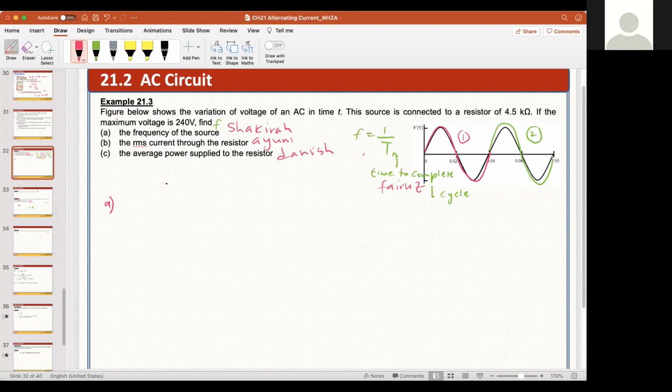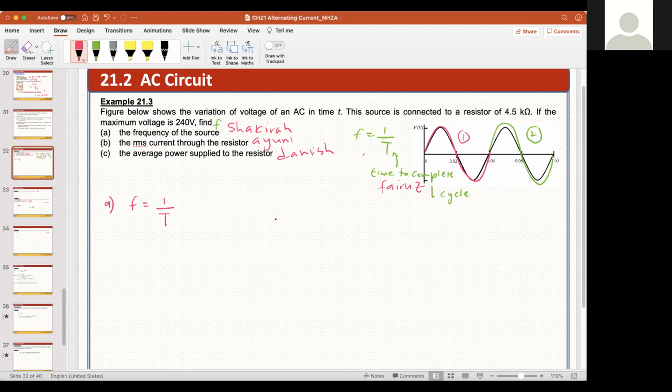Dia nak frekuensi. Jadi formula dia F sama dengan 1/T. Itu maksud dia nak time untuk complete satu cycle. Jadi kalau satu cycle tu bentuk dia macam sign tu, yang atas bawah gitu.